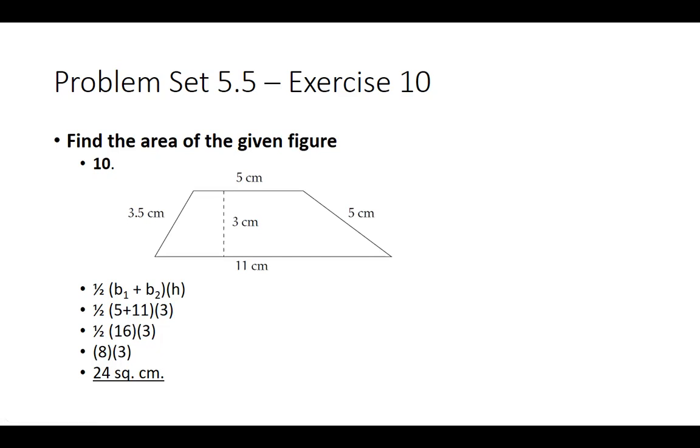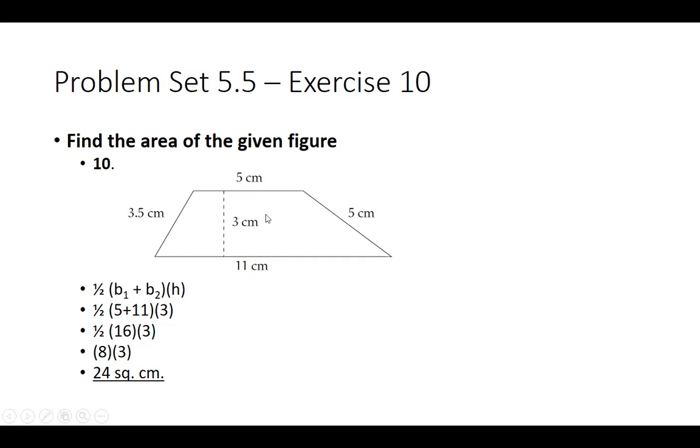Number 10, find the area of the given figure. Here we have a trapezoid. Remember, for our trapezoid, we take the average of the bases times the height, or base 1 plus base 2 times 1/2. The 3.5 centimeter side and the 5 centimeter side, we don't need that information.